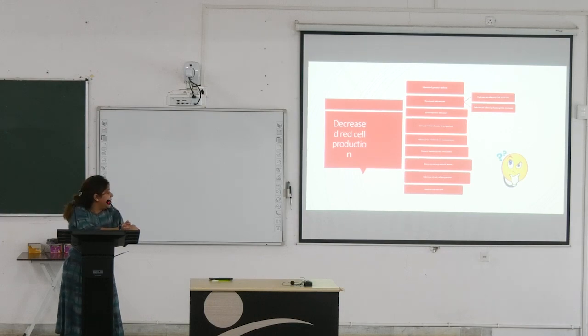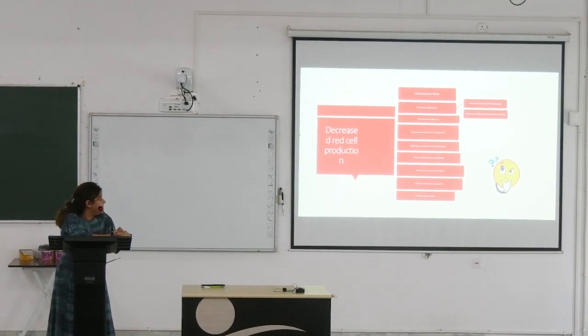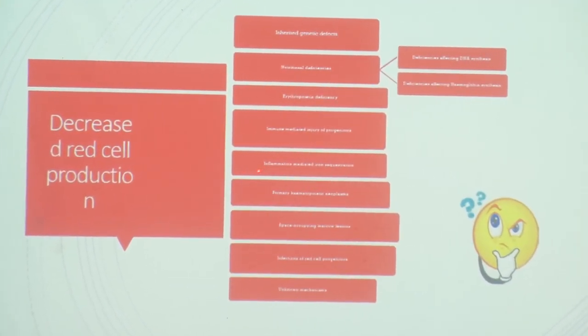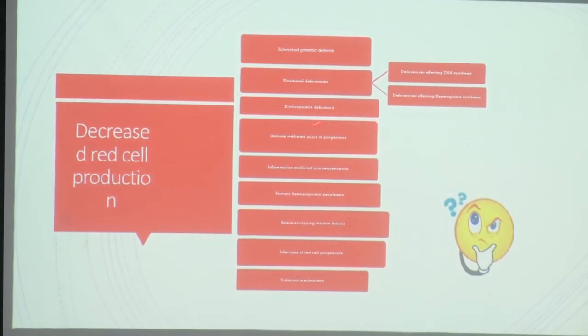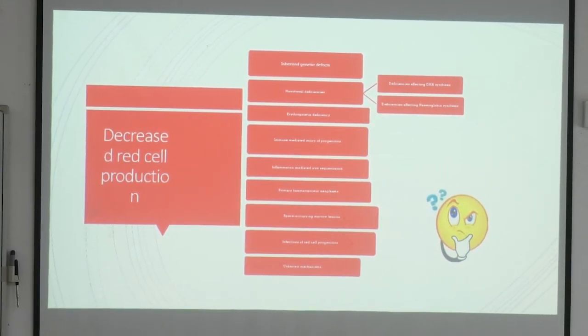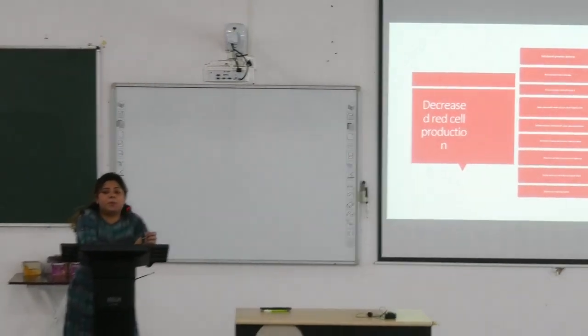Apart from that, there can be erythropoietin deficiency, that would be renal disease, chronic renal failure, and immune-mediated injury of progenitors. If there is immune-mediated injury of progenitors, that leads to aplastic anemia. Bone marrow is failing to produce the blood cells, which is causing the anemia.